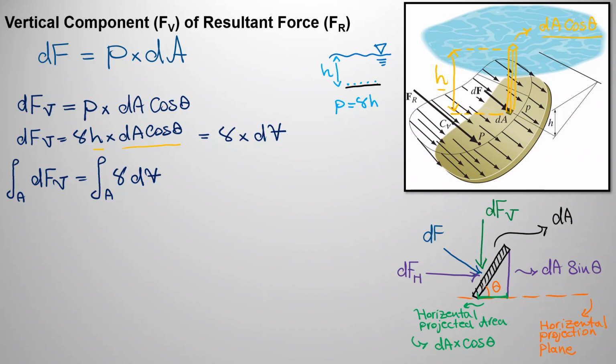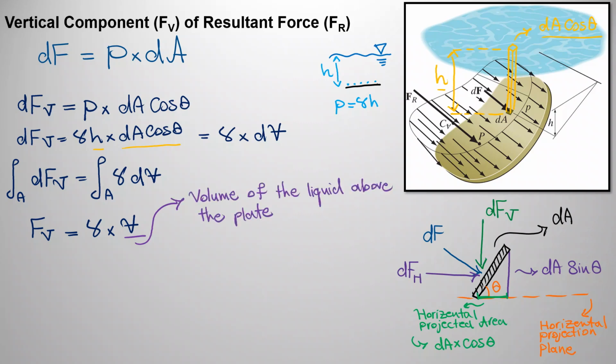Perfect. Now based on this, my FV, or vertical component of the resultant force, would be equal to gamma times volume. So this volume is the volume of the water right on top of your submerged plate. I'm going to define it over here. From chapter 2, you should still remember that gamma, or specific weight, was W, or weight, divided by volume, right?